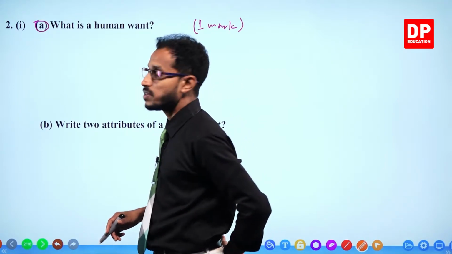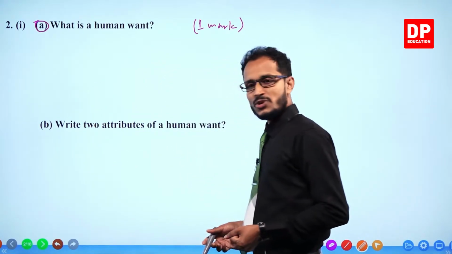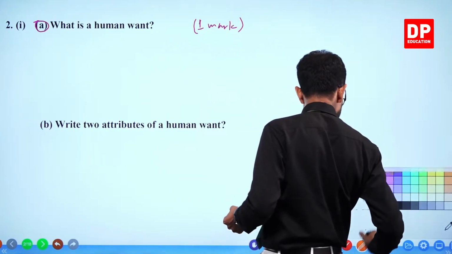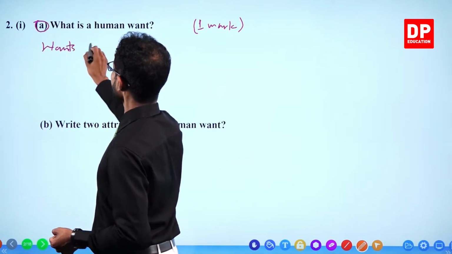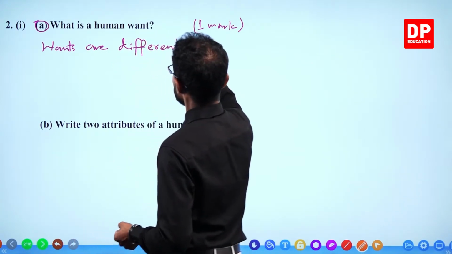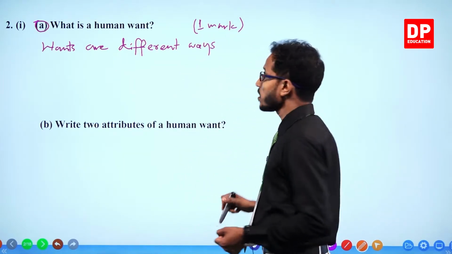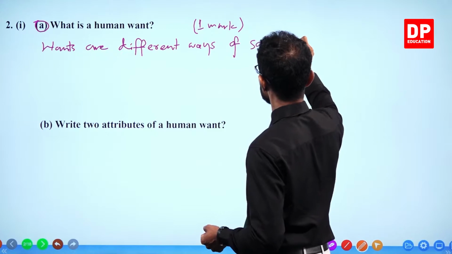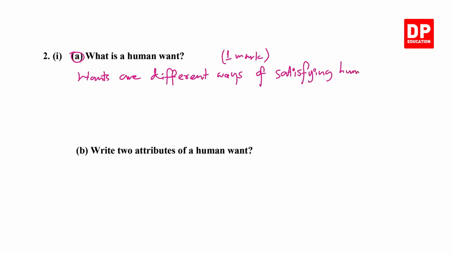All right, that's good. Different ways which are used to satisfy human needs. Okay, we'll stick with that answer. Wants are different ways of satisfying human needs.